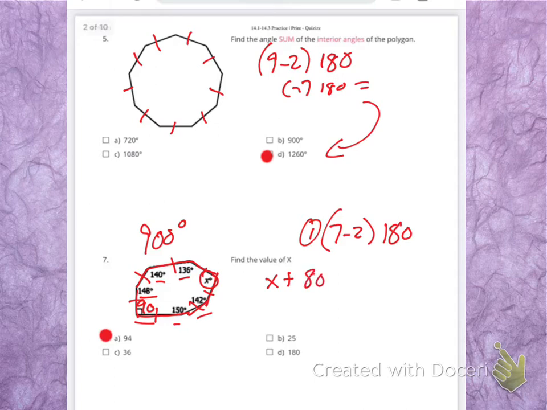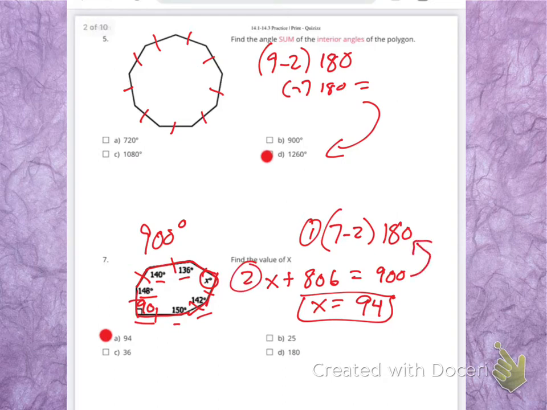It's going to be 806. So x plus 806 is equal to 900 degrees. Minus the 806, and x is going to be 94. So x equals 94 right there. Again, this is my first step. Second step right here: adding them all up, setting them up to how many degrees we found in the first case.